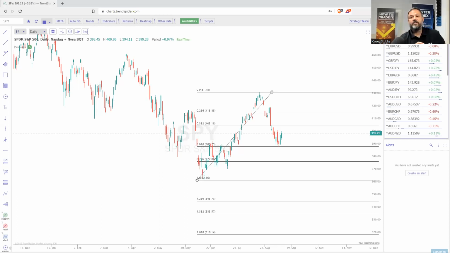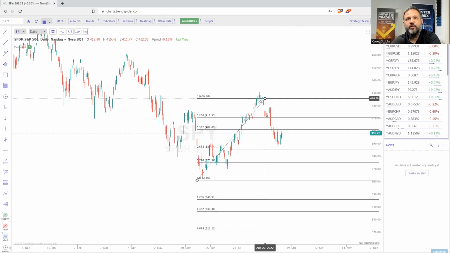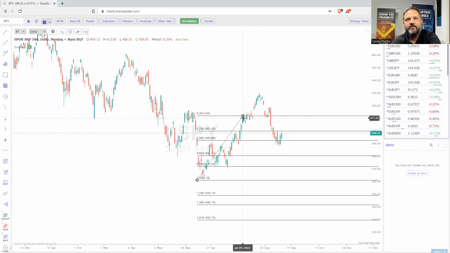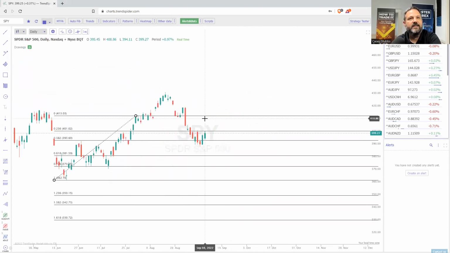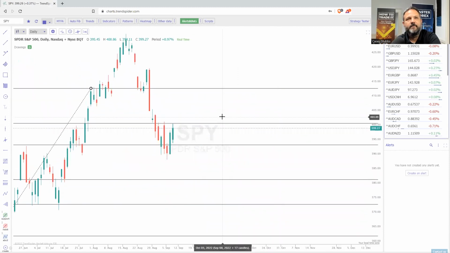All right? So we draw our fib. You can't draw the fib until the move is over, right? So let's continue, because maybe that's what someone was saying when they said the anchor points move. Well, that is true if you're drawing it right here. I'm going to zoom up so we can get this real clear.